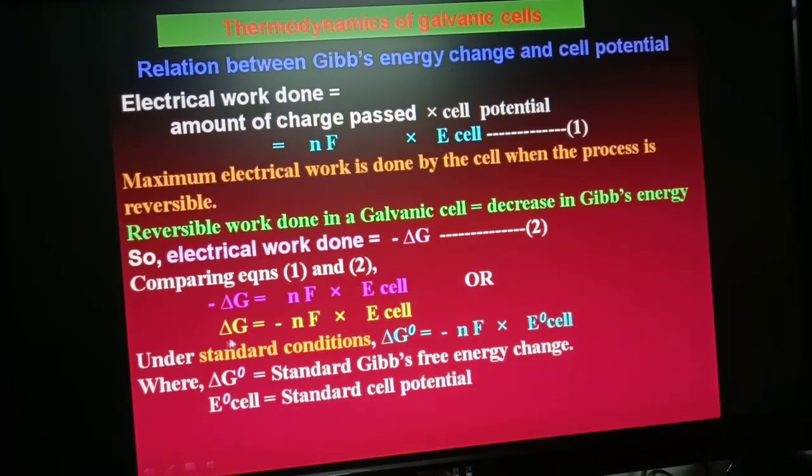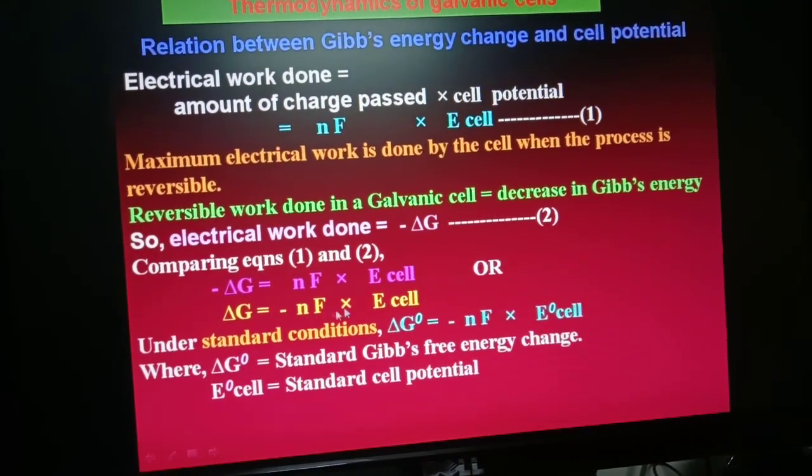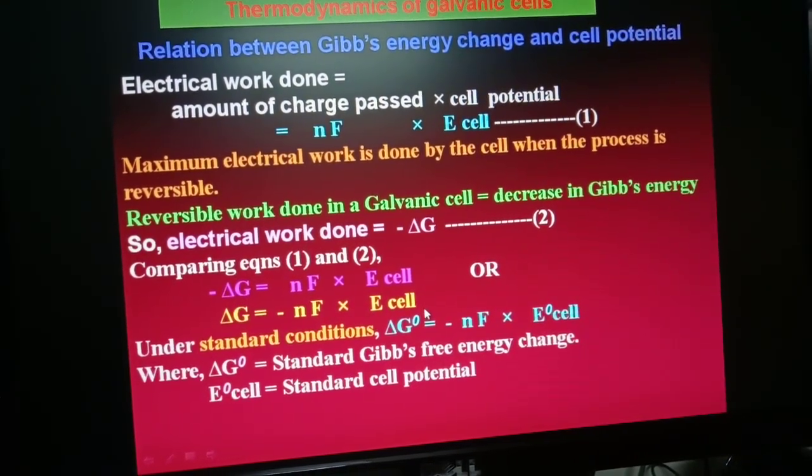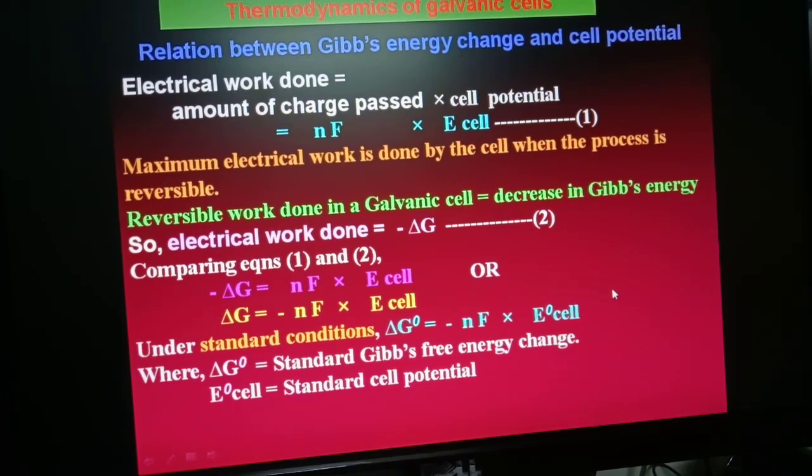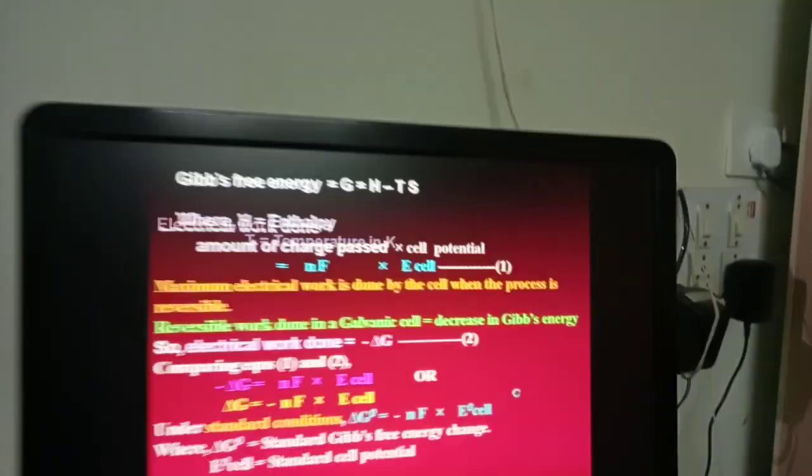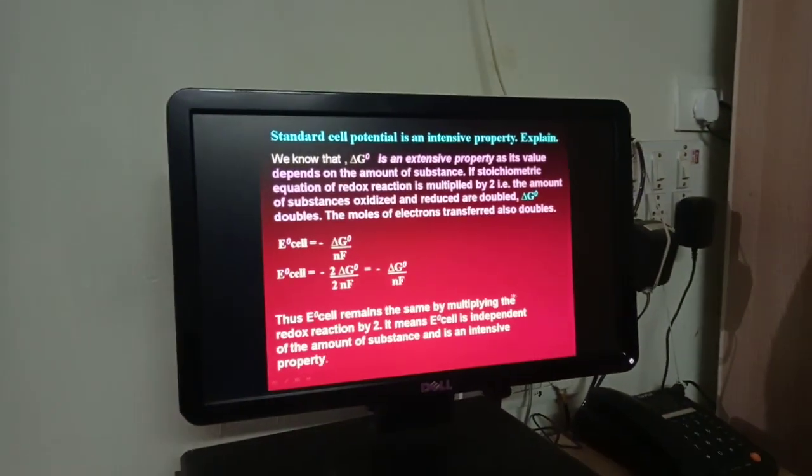Numericals based on the relation delta G is equal to minus nF into E cell are very often asked in board exams. Now let us study another important term. Standard cell potential is an intensive property. Explain why. Now we know that there are two types of properties, which we will study in detail in thermodynamics.